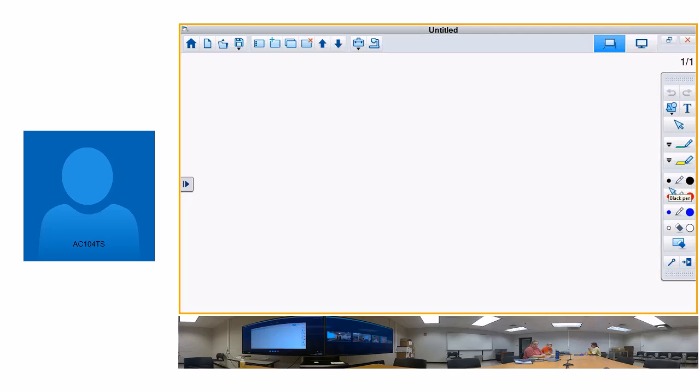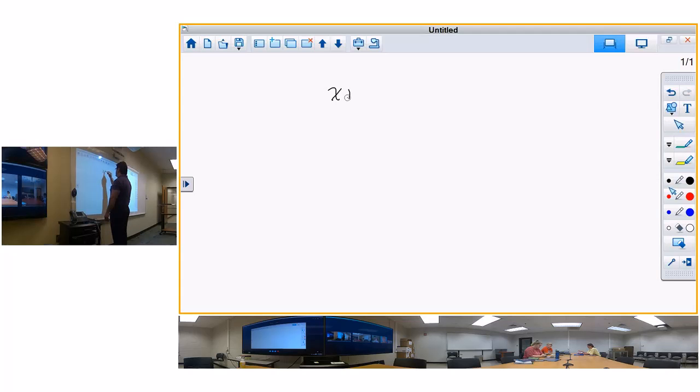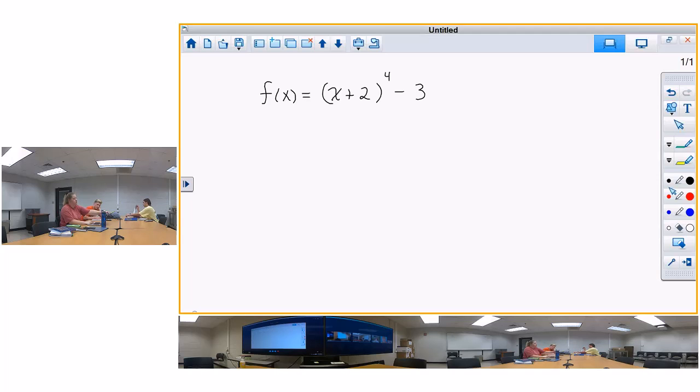it's almost like if they give you, let's say, x plus 2 to the 4th power minus 3, and they say that's equal to f of x. This is what they're doing.